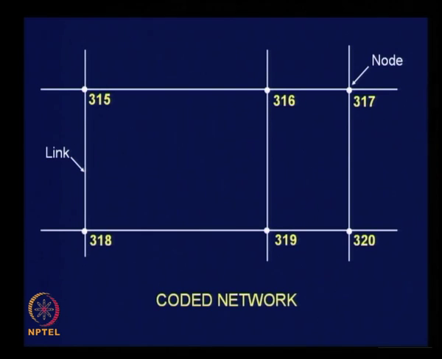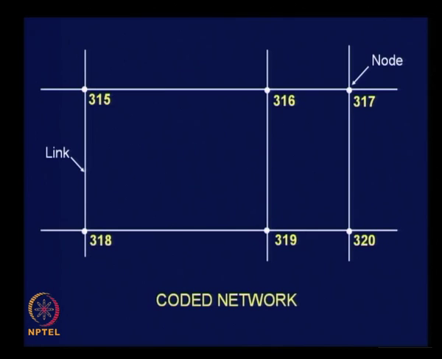It is possible. So you can convert your entire road network into a set of numbers and give that as input for your analysis. When you say 315, give 315 as input, that represents a particular node in a particular location. You are not going to give 315 for any other intersection, clear.